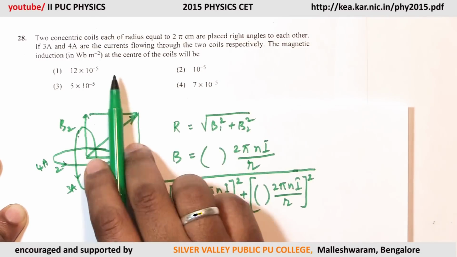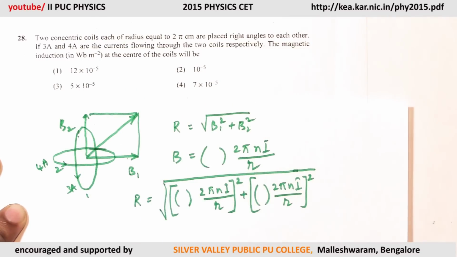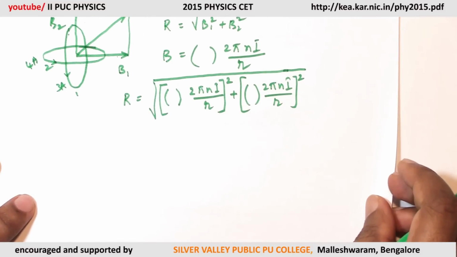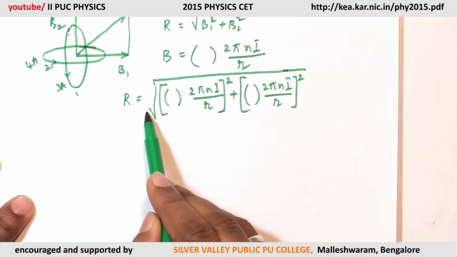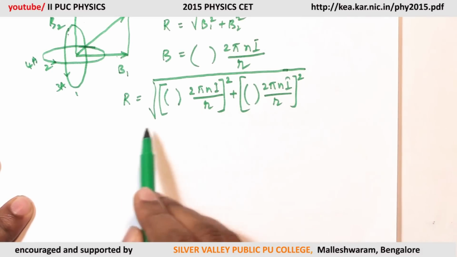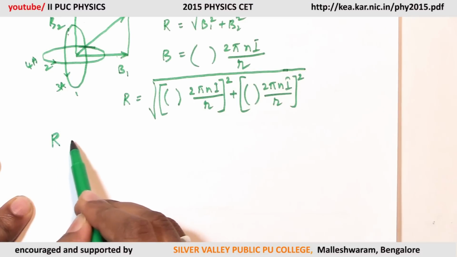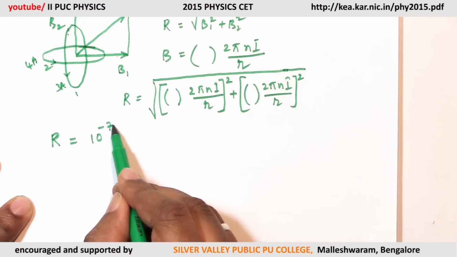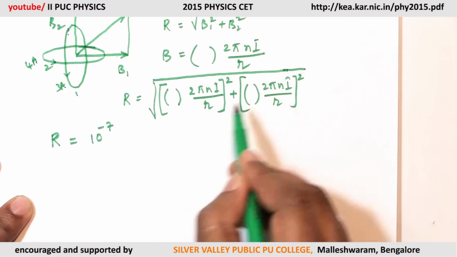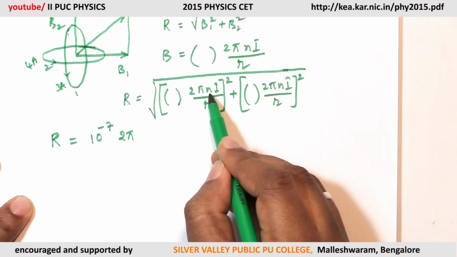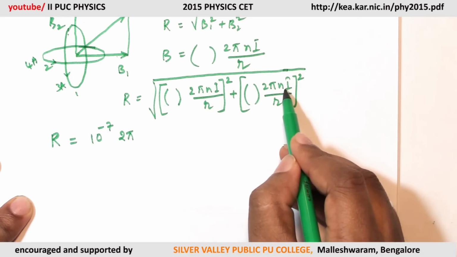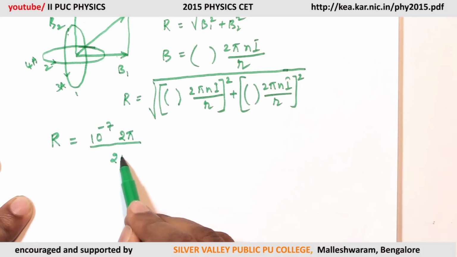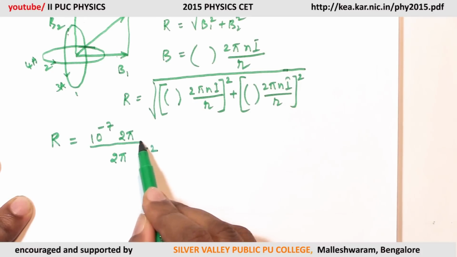Now resultant magnetic field at the center. With little practice you can save many steps. Since it is root of two terms, take common factor. So resultant equal to, this constant is common factor, which is 10 power minus 7, 2 pi. N is 1, nothing is mentioned in the problem. Radius is given 2 pi centi, is 10 power minus 2.